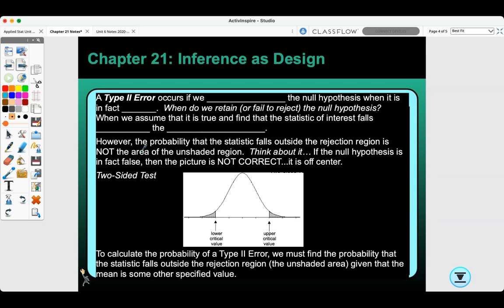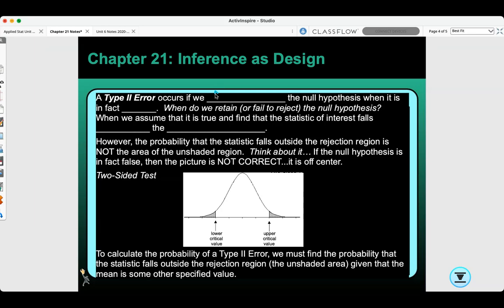A type 2 error occurs when we fail to reject the null hypothesis when, in fact, it is false. We do not reject the null hypothesis when we assume that it is true and find the statistic of interest falls outside the rejection region.